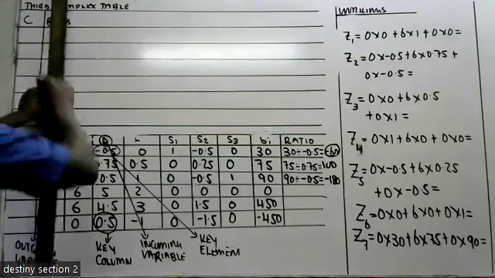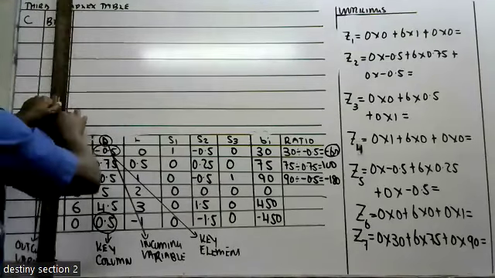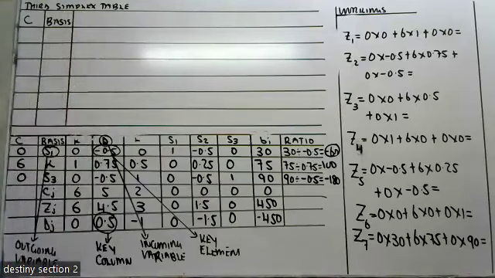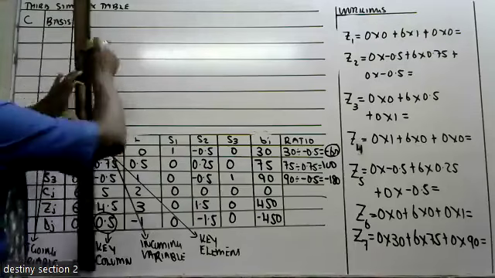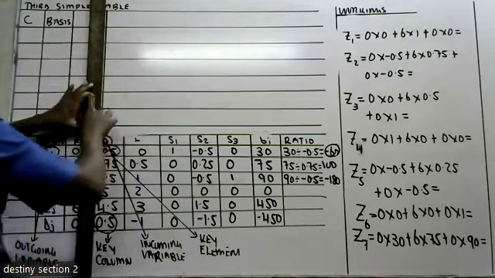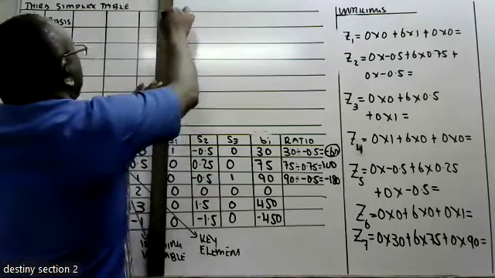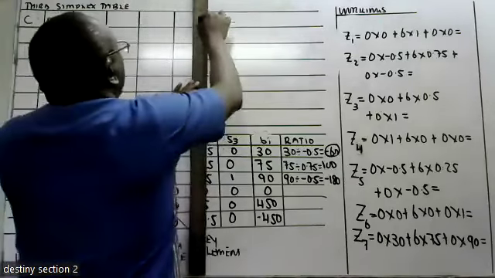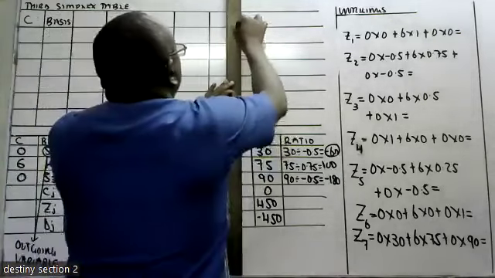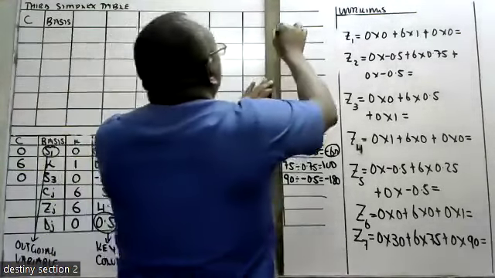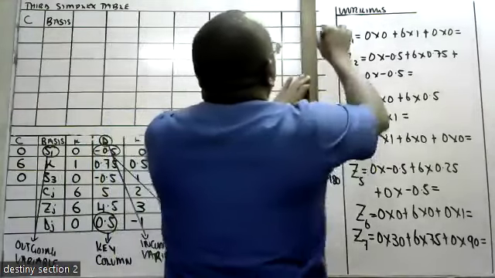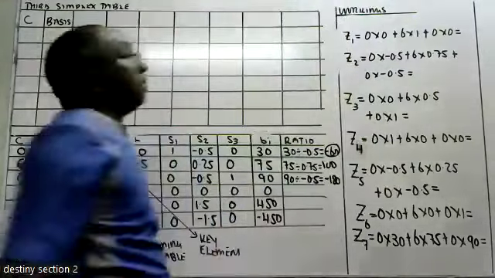Basis. Then we have space for K, D, L, S1, S2, S3, BI.